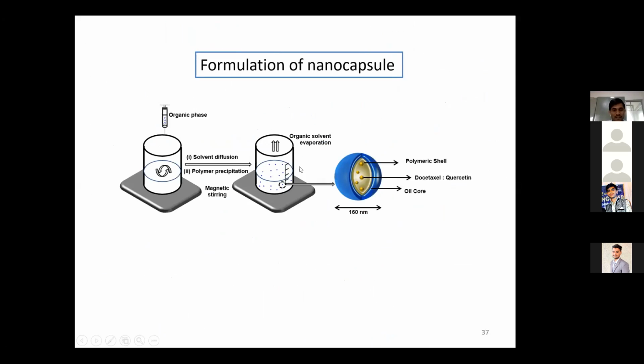Here, in the dual targeting system, we have encapsulated two drugs, that is docetaxel, which inhibits microtubulin polymerization, and the second one is quercetin. It causes sequential block of the cancer cell, due to which a better therapeutic effect is observed. This is dual targeting.